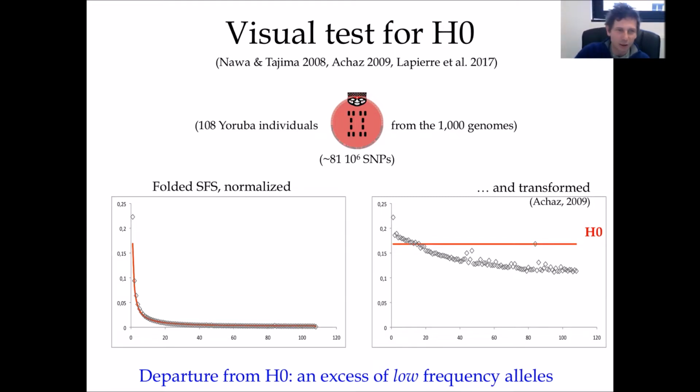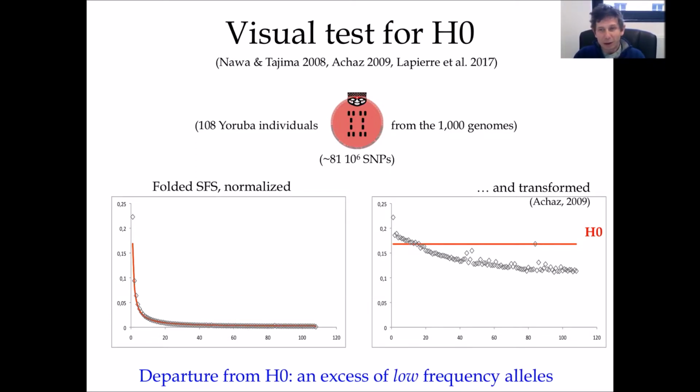So we fold the spectrum and put together in the same bin the very rare variant and the very frequent variant. So this is what you see, which means you don't see anything, right? What you expect from theory under the standard neutral model is the red line. It looks like it's not that bad, but is it the correct model or not? Difficult to say visually, right?